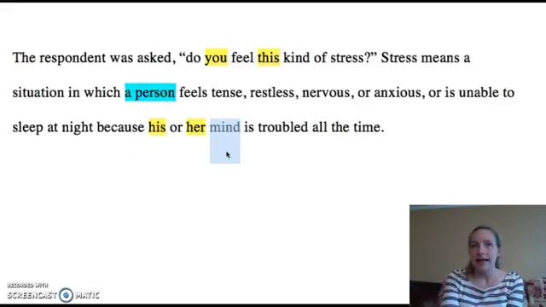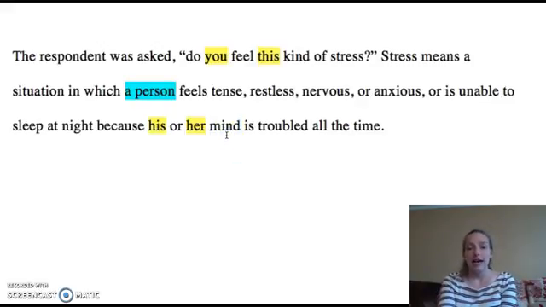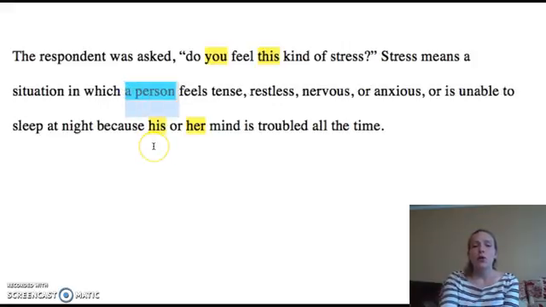So it wouldn't be the mind's mind. And those are all our nouns. So let's look back at a person. Whose mind is troubled all the time? A person's mind is troubled all the time. We've taken that noun and we've put it back into our sentence to see if it makes sense.